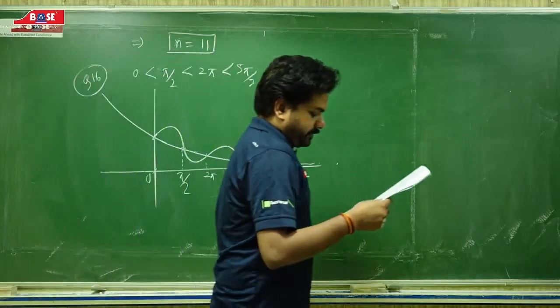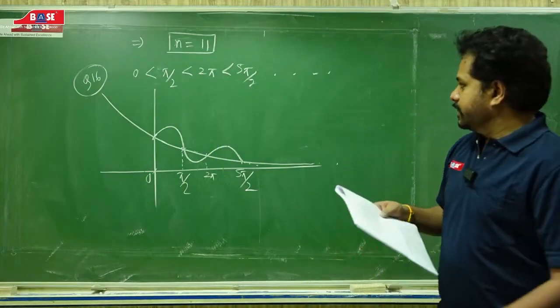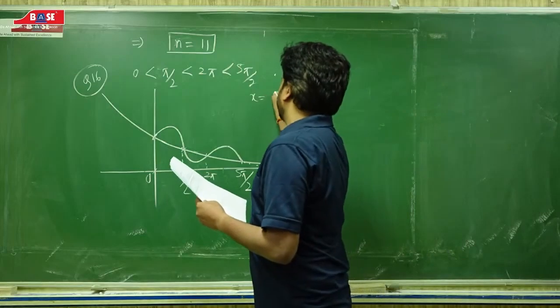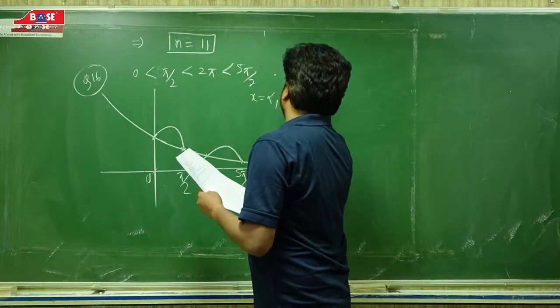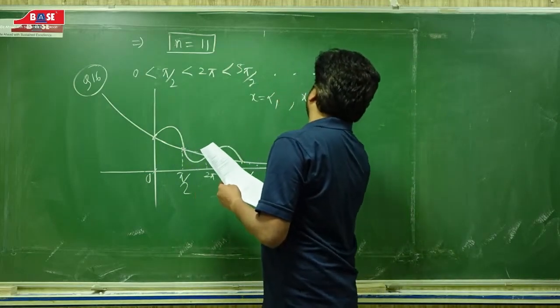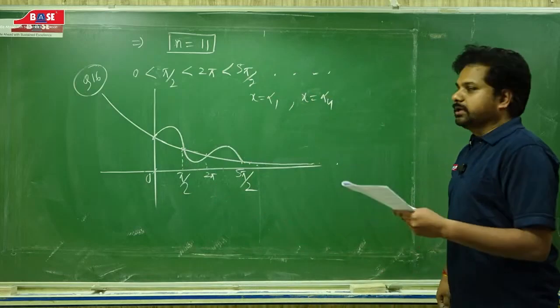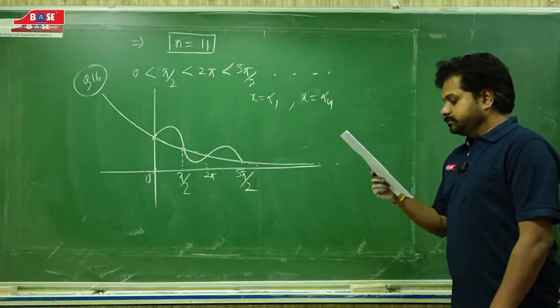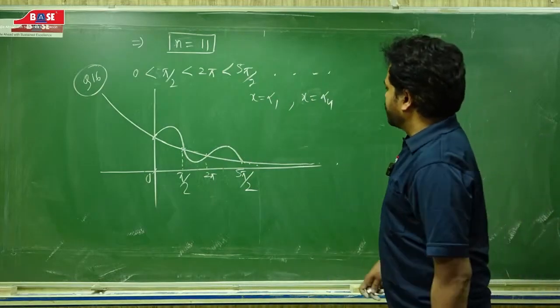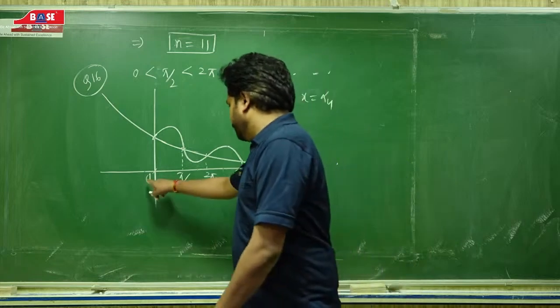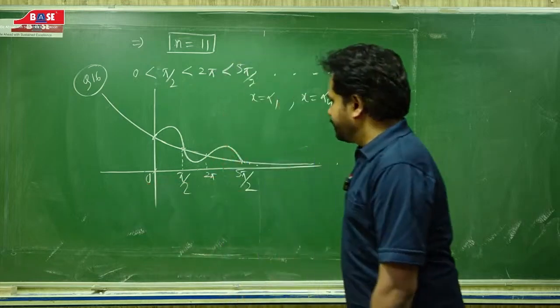We don't have to go after 5 pi by 2 because, according to the question, they are asking for the shaded region between x equals alpha 1 and x equals alpha 4. So they are only talking about the 4 points from 1 to 4. So we have 0 to pi by 2, 1 interval.